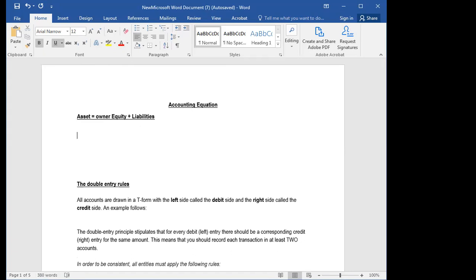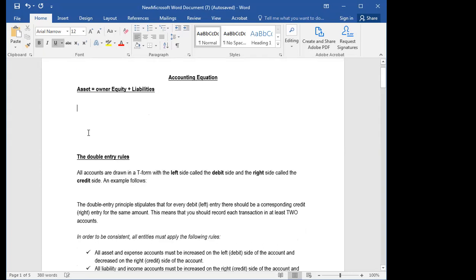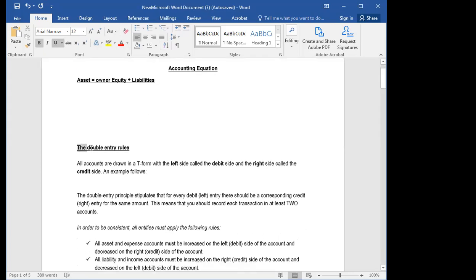Our studies show us that we need to see types of assets, types of owner's equity, and types of liabilities, and how they influence our accounting equation. But before we can see the influence of those elements of financial statements, we need to understand double entry rules.